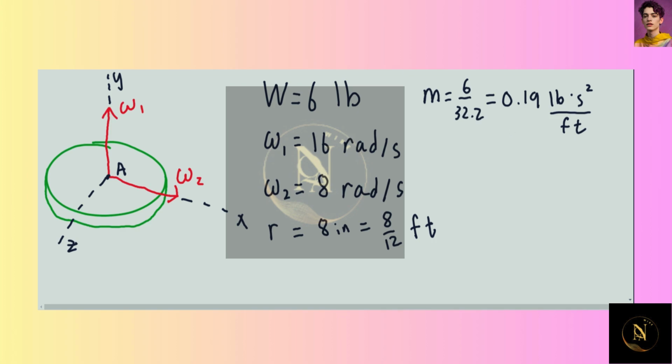To start this problem, I'm going to write out the equations to find the different moments of inertia in the x, y, and z direction. For the moment of inertia in the x direction, we can write this as 1/4 times the mass of the disk times the radius of the disk squared.